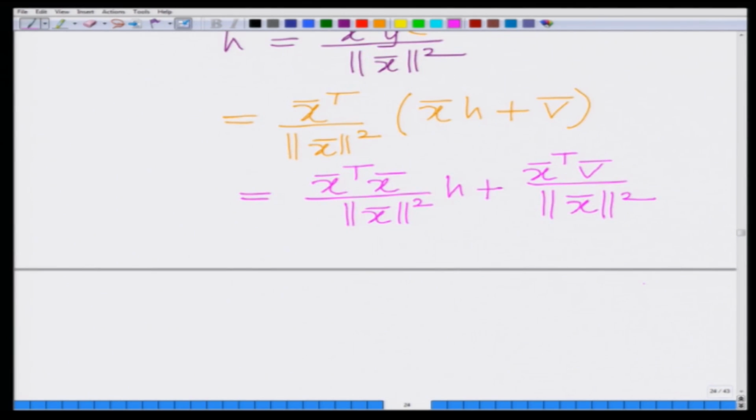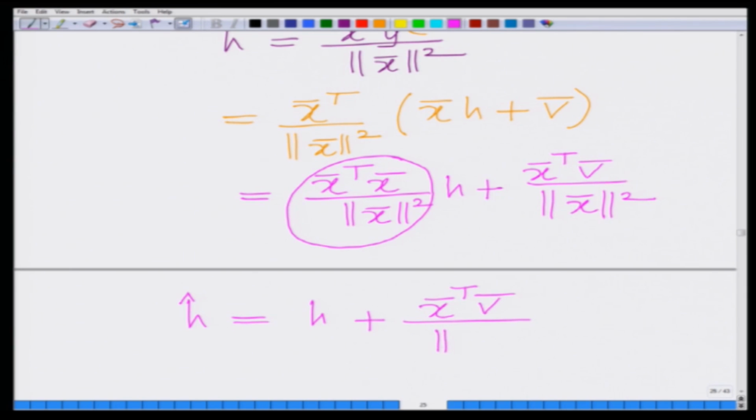Now, this term is x bar transpose x bar, which is norm x bar square divided by norm x bar square. So, this is 1. Therefore, net I have h hat equals h plus x bar transpose v bar divided by norm x bar square.